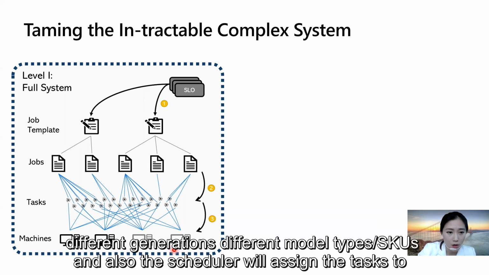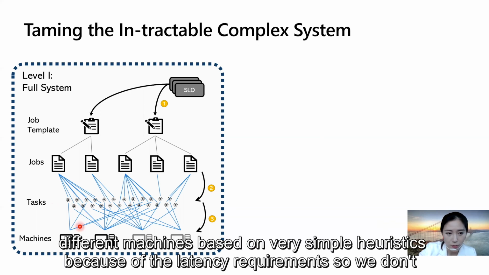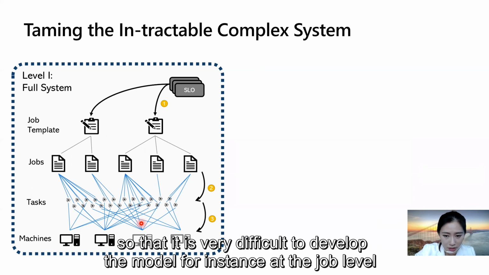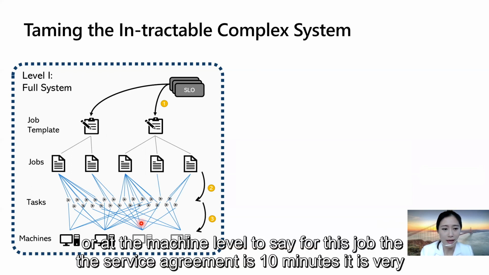The scheduler also assigns the tasks to different machines based on very simple heuristics because of the latency requirement. So we don't really have good control to say that for this job, all the tasks go to this group of machines. So it is very difficult to develop a model, for instance at the job level or at the machine level, to say for this job the service agreement is 10 minutes.